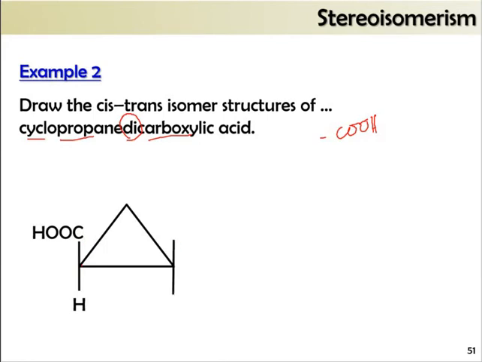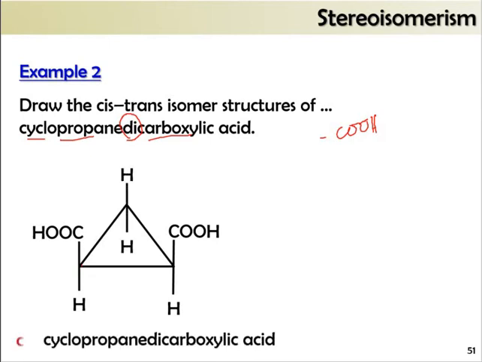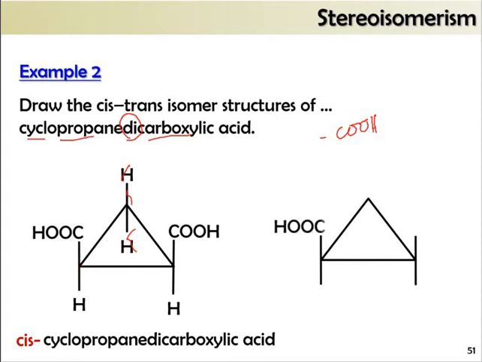And then here you can put one here also, and then for the COOH on the same side, it is cis isomer. This one, if you don't put it, there is no problem. And then if the COOH is on the opposite side, it is trans isomer. Okay, trans isomer.